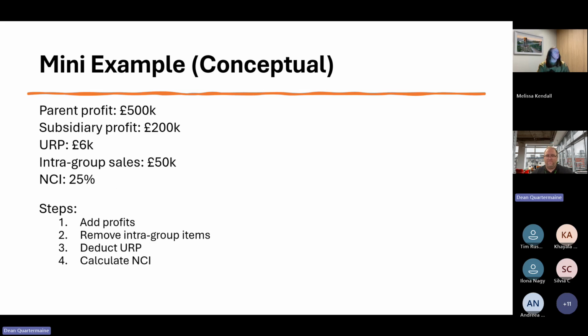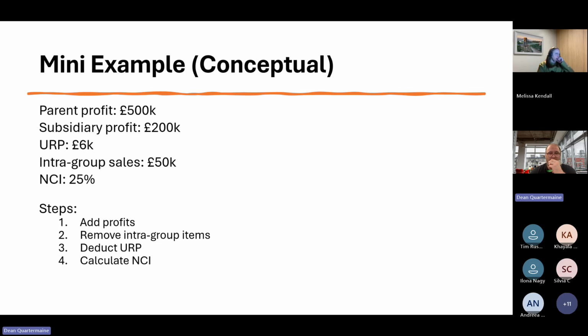So what I've got is a mini example, and it is just a mini example. This is not a full scale, massive, great big example. We've got parent profit of 500k, subsidiary profit of 200k, unrealised profit of £6,000, intragroup sales of 50,000, and a non-controlling interest of 25%.